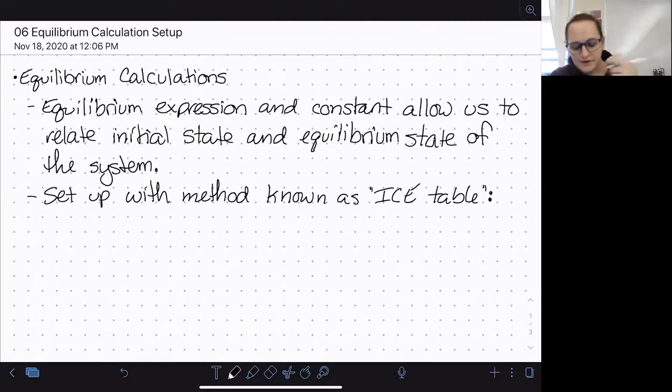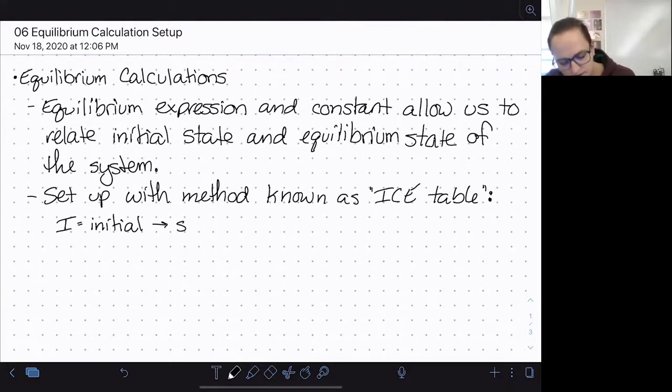So ICE is an acronym, clearly, where I stands for initial. So the I row contains the starting concentrations of all reactants and products.